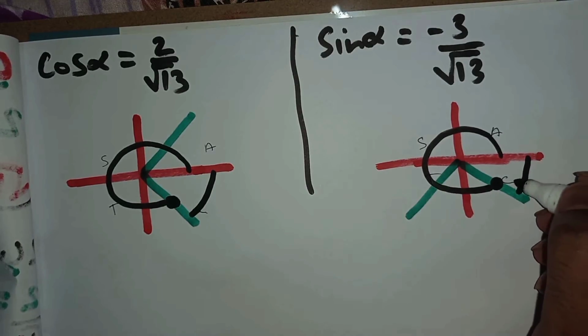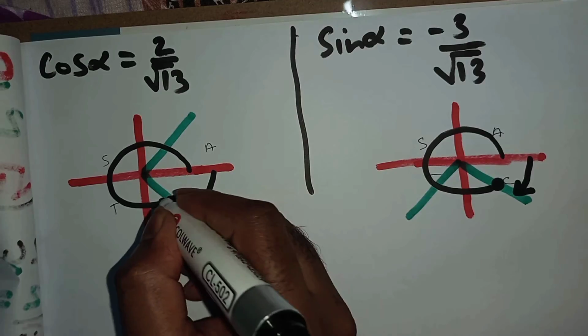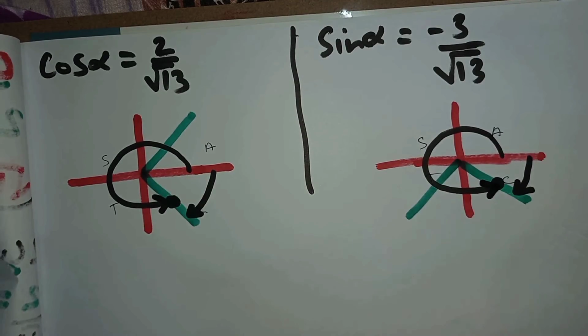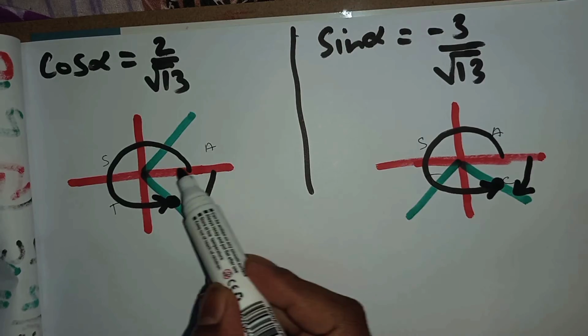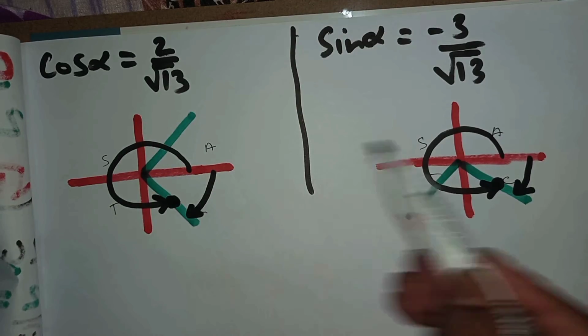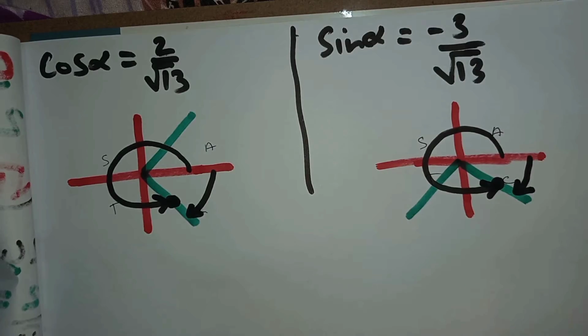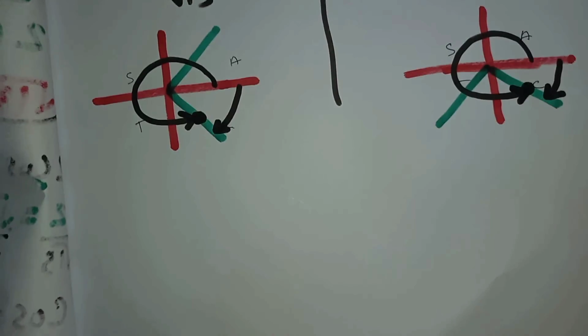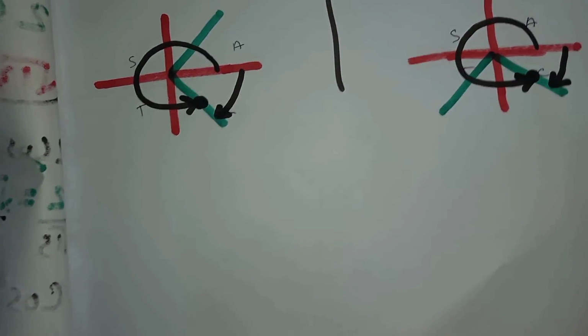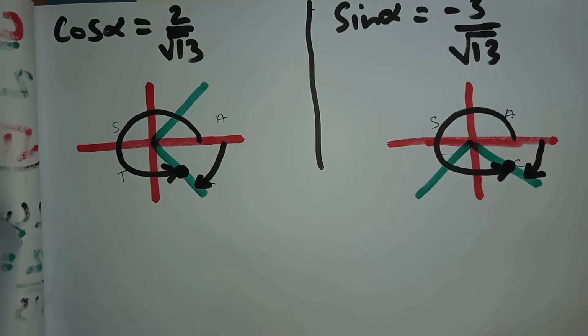So there and there. So two ways we can arrive at this point, one from this direction and another from this direction. Now we are going to find, using the calculator, the value of alpha in both.